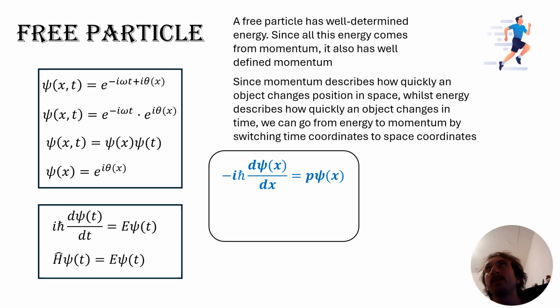Because of that, it turns out that when jumping from relating time-like components, so comparing E with t, to comparing space-like components, so comparing p with x, we have to introduce a minus sign.